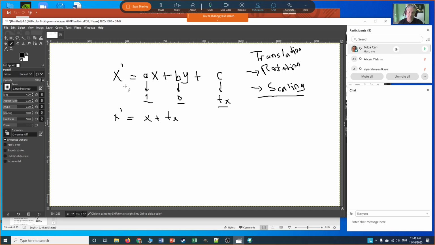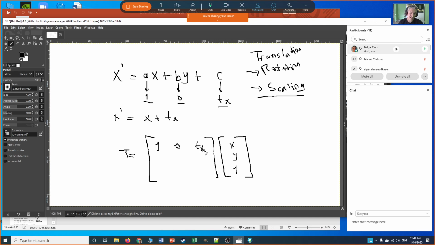As you can see, the x prime is found by multiplying the previous coordinates with some constants. Three of them are multiplied with three other things. So it's going to be something like this. If the translation matrix T, in the first line, has 1, 0, tx, the coefficients that I used here, and I multiply this with a column vector which is x, y, 1, its previous coordinates, and this 1 is for that constant part.